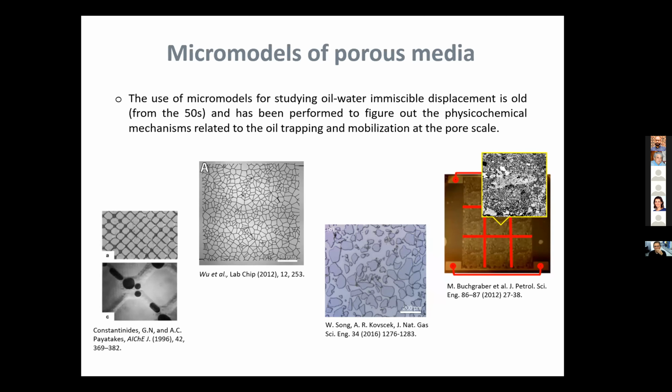There are different approaches for fabricating a micromodel. You can use an approach based on regular structures. You can use an approach based on some kind of mesh, like Delaunay or Voronoi tessellations. You can use thin sections of rocks. There are other approaches for the problem, but generally you can see the micromodels in one of these categories.